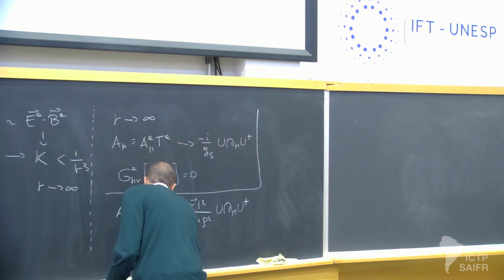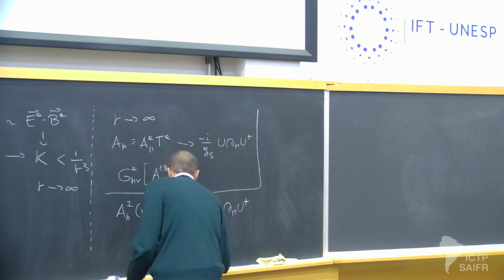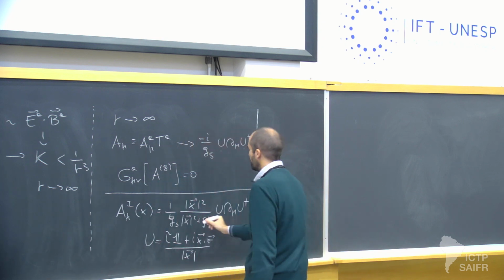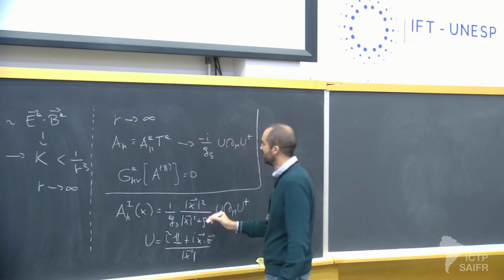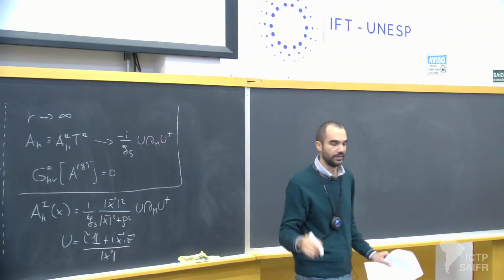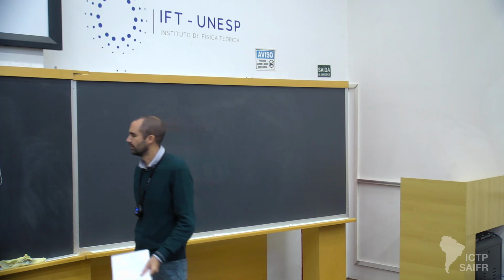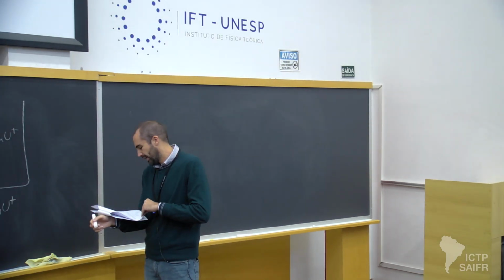This is just one possible solution, and it's known as an instanton. And this rho parameter is a free parameter that we have to integrate over for this to be a solution.